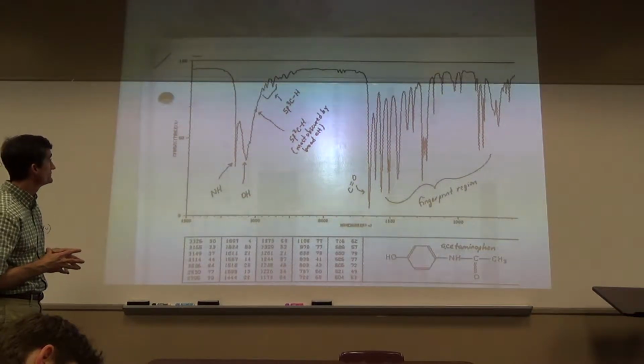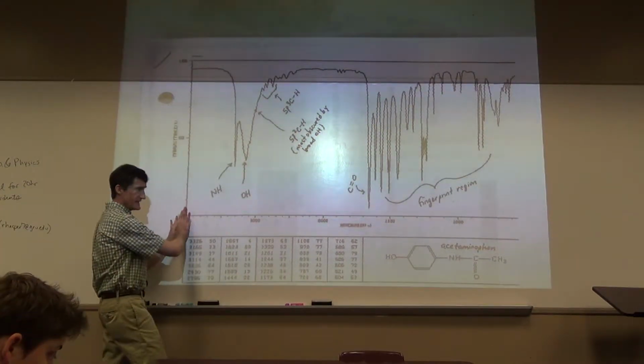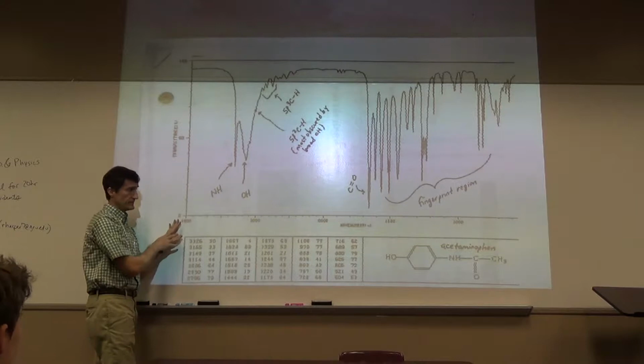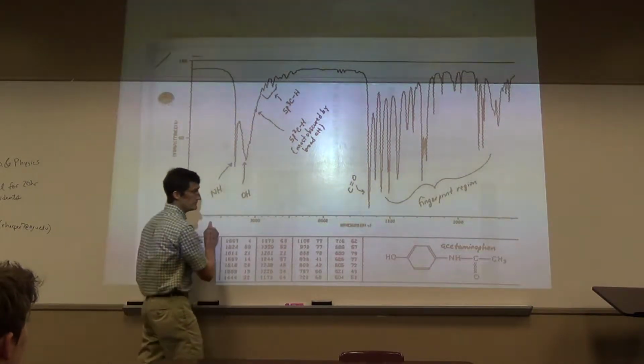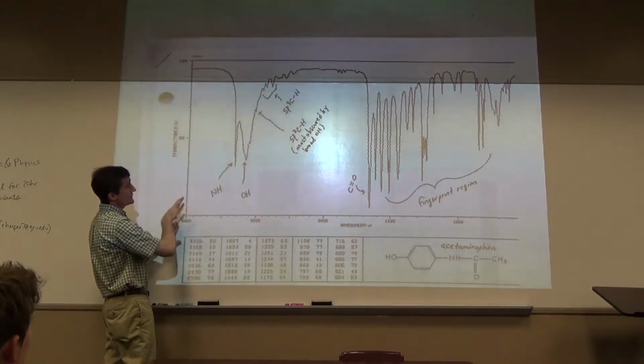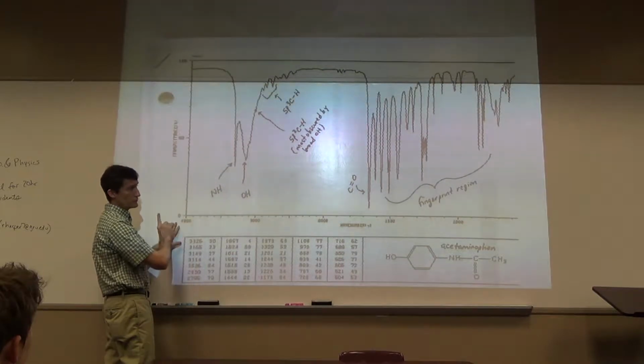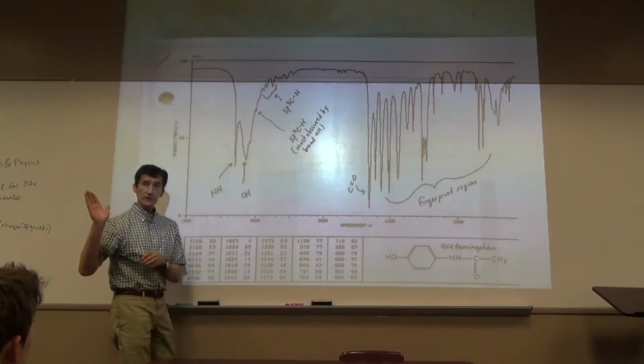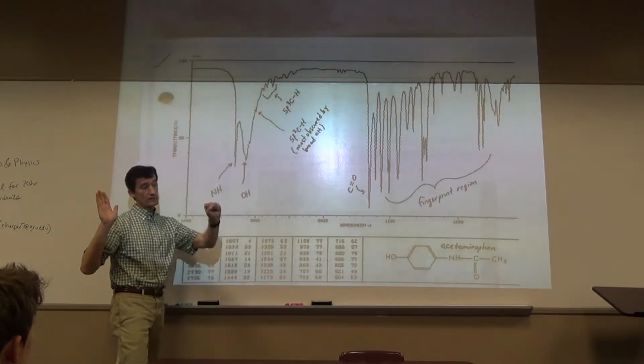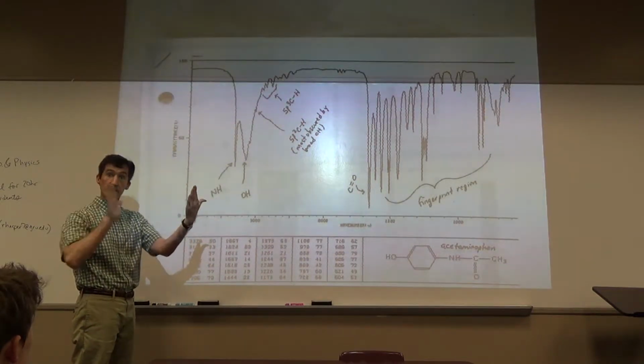So the wave number. What we do here is scan the IR region of light. We hit go. In the old days, you would just do one scan. As you scan the spectrum, the compound is sitting here and you're shining the IR light at it.